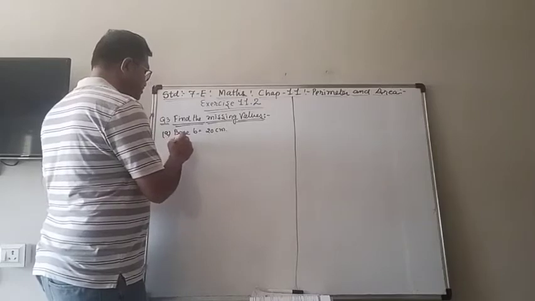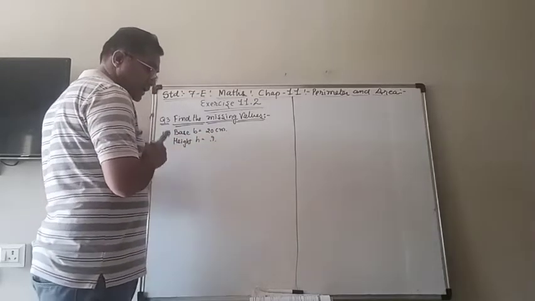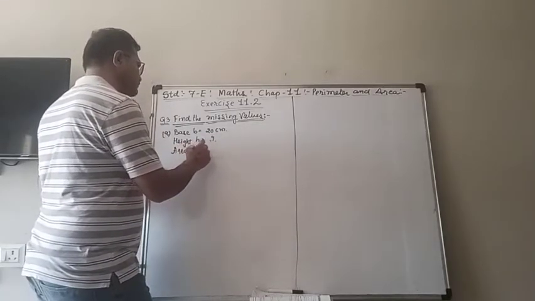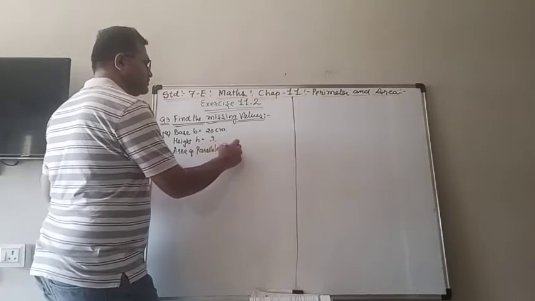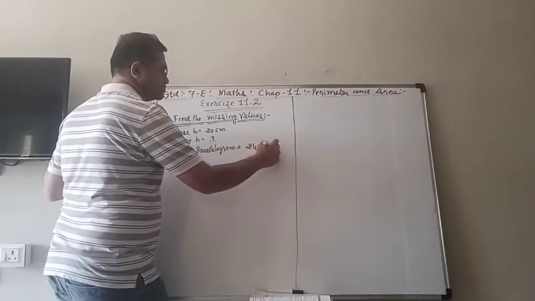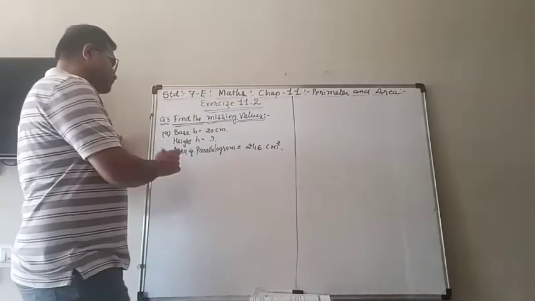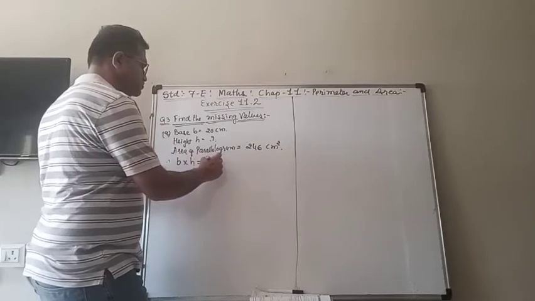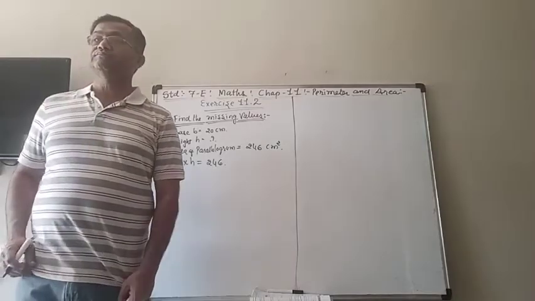We have to find the height, and the area of the parallelogram is given as 246 centimeter square. Now we know the formula that B multiplied by H is 246, because we have the formula of the area.